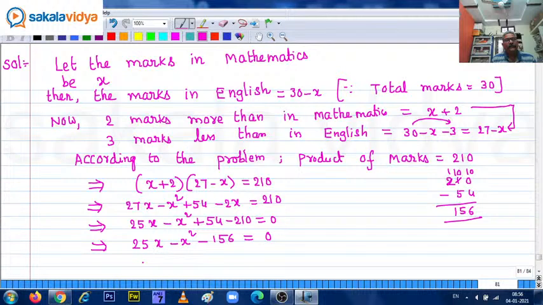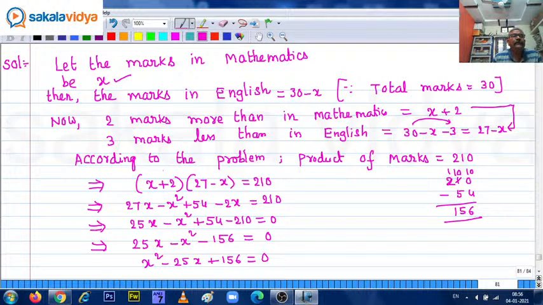Multiply with minus sign, you get x square minus 25x plus 156 equals 0. Now you need to solve this quadratic equation to find x, the marks scored in mathematics, and 30 minus x gives us the marks scored in English.